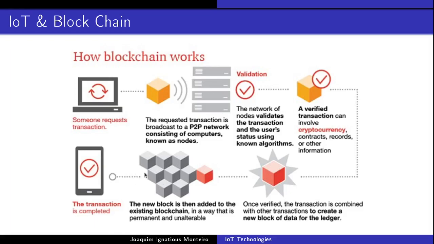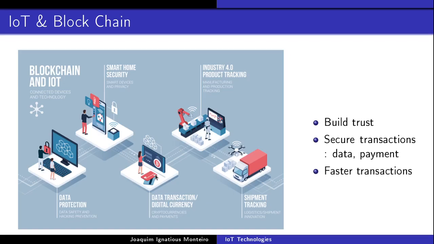So this is going to ensure the reliability of the data transfer, the reliability of the transaction. So IoT could benefit from blockchain technology. It will build trust and make the system much more secure. Whatever data you have gathered from your patient, from your hospital environment, you can ensure that it is reliable. Transactions could become faster.